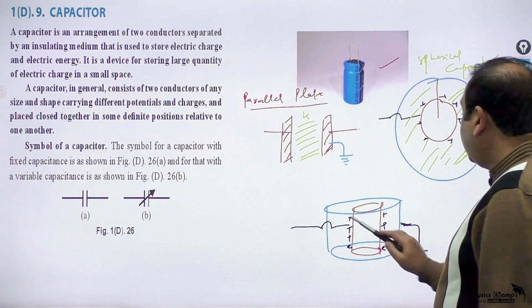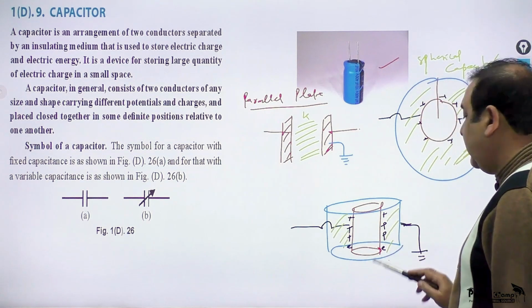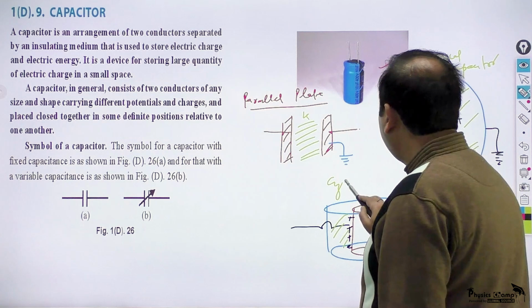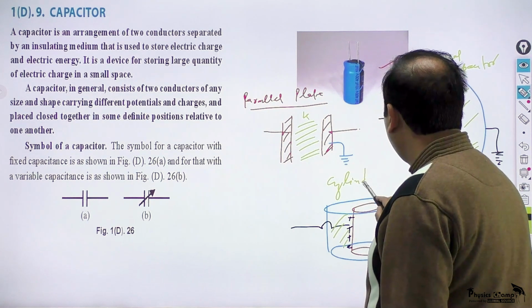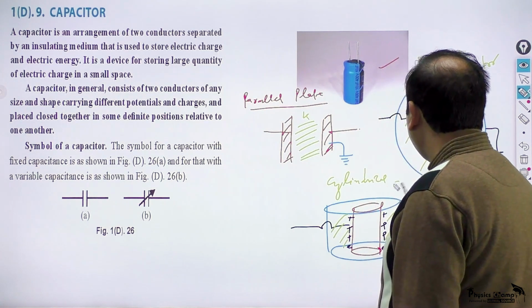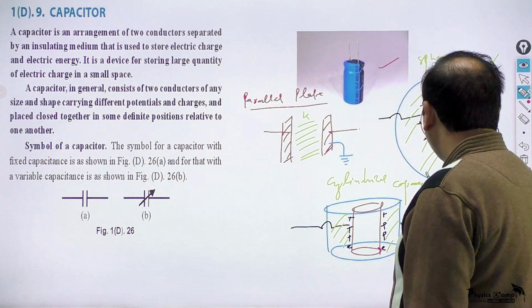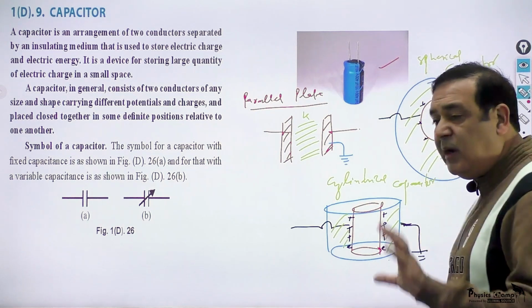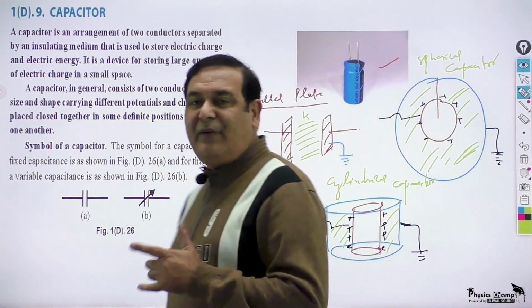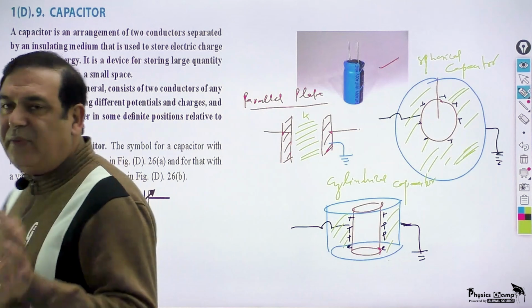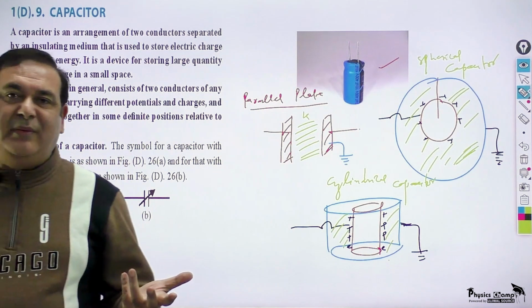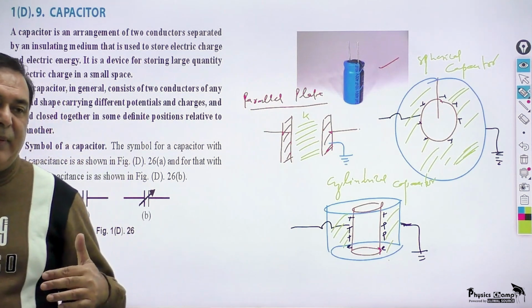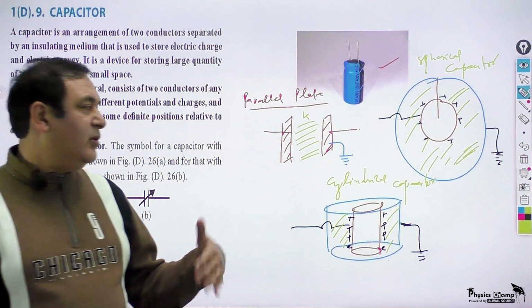And once again the space between them is filled with a dielectric. This is a cylindrical capacitor. So, depending on the shape of these two conductors, we have different names of these capacitor: parallel plate capacitor, cylindrical capacitor or spherical capacitor.